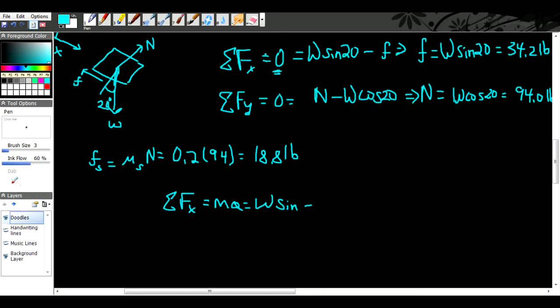Now we know that the system is moving, so the friction force needs to be mu k N, the kinetic friction coefficient times the normal force. Remember that in general F equals mu N.